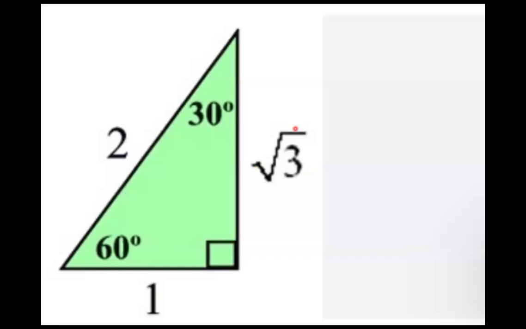Okay, so we're going to look at this one to see what the sine, the cosine, and tangent of 30 is, and what the sine, the cosine, and tangent of 60 is. So we'll start with 60. We'll do sine 60, cosine 60, and tangent 60.